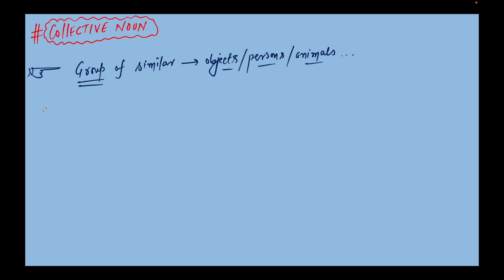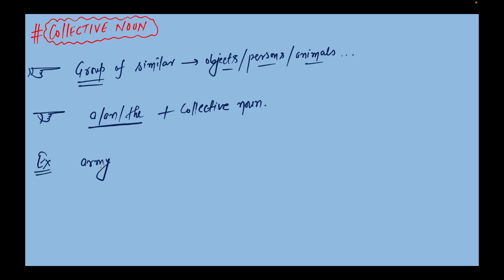Okay. And just before collective noun, we have to put the articles 'a' and 'the'. Means any one of them you can use just before collective noun. For example, if I'm saying army, you can use 'an army'.